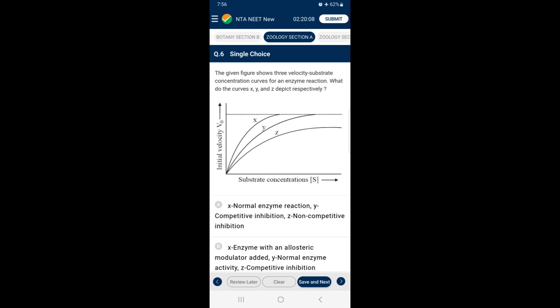The graph X shows normal enzyme reaction, Y shows competitive inhibition and Z shows non-competitive inhibition. So the answer for this question is option A. In the given diagrammatic representation, X shows normal enzyme reaction, Y shows competitive inhibition, Z shows non-competitive inhibition.